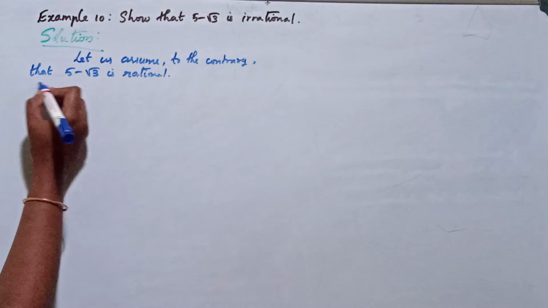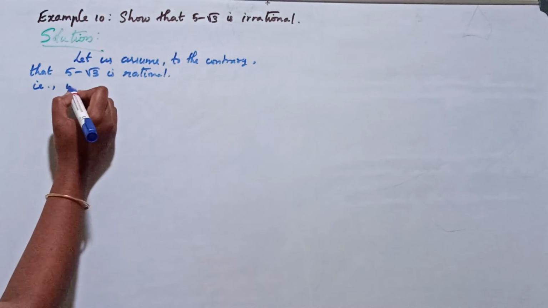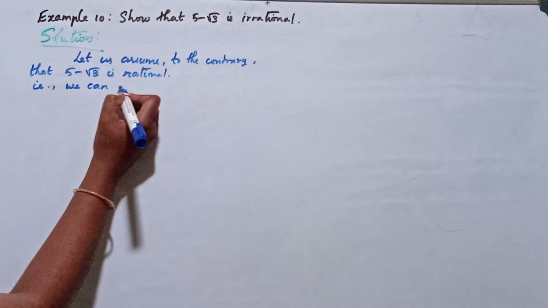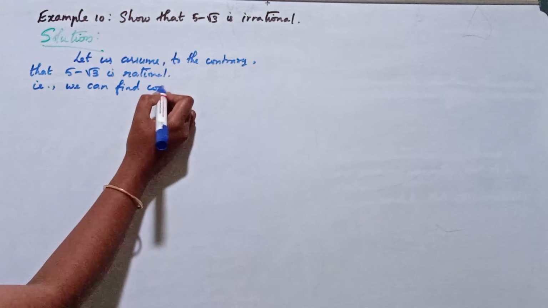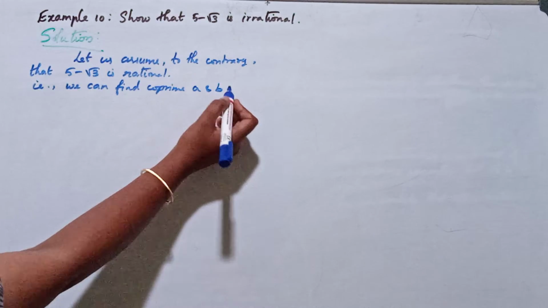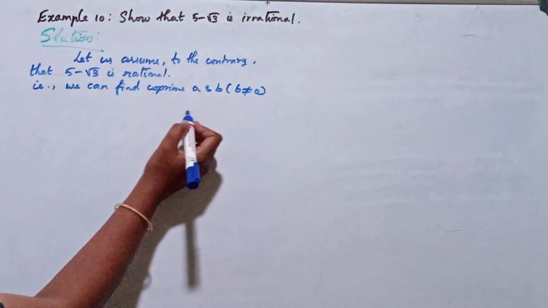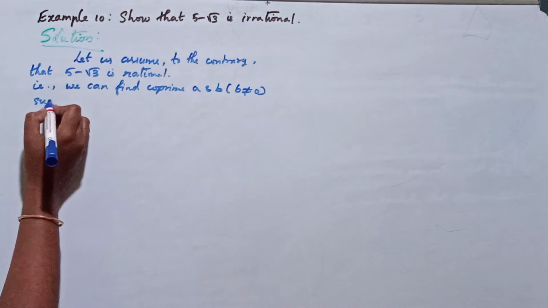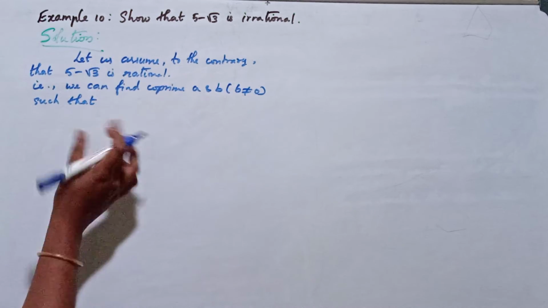So we are writing here, that is, we can find co-prime a and b where b is not equal to 0, such that 5 minus root 3 is equal to a by b. Why are we taking it like this?